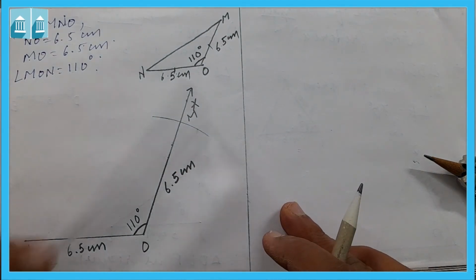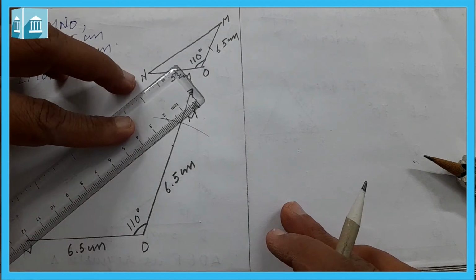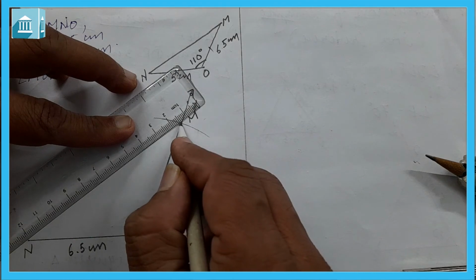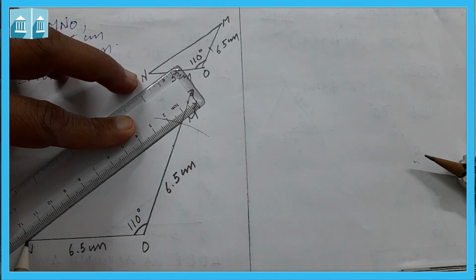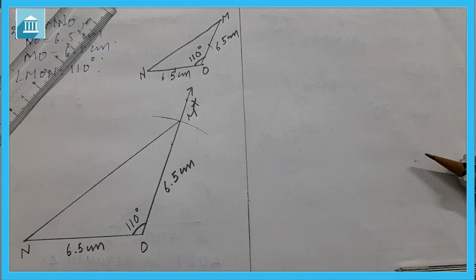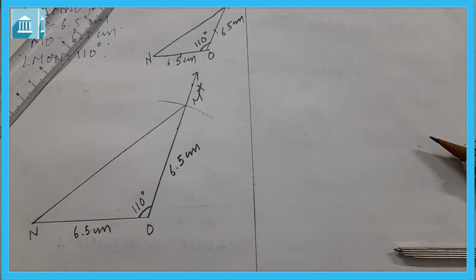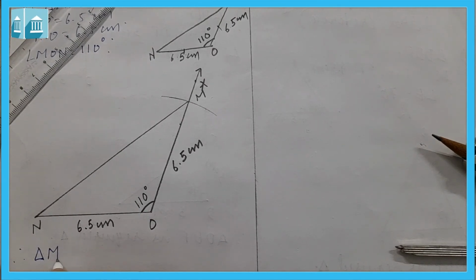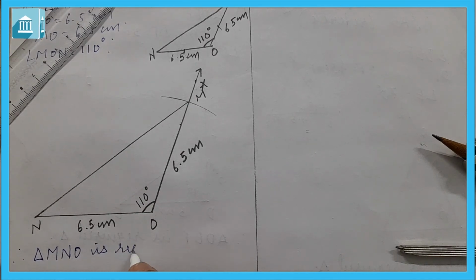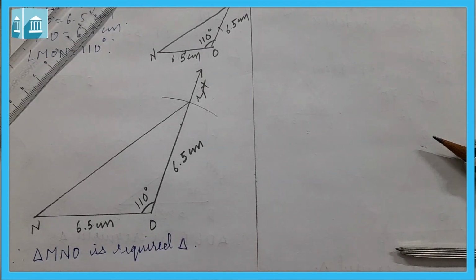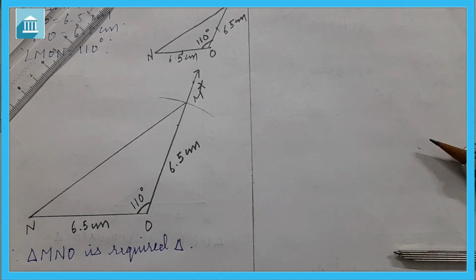Then next we need to join M and N. So triangle MON is the required triangle. We can write therefore triangle MNO is the required triangle.